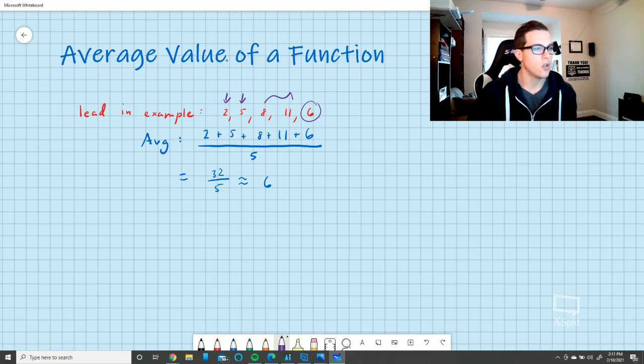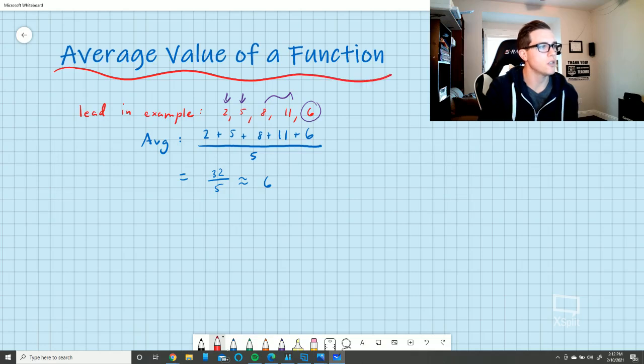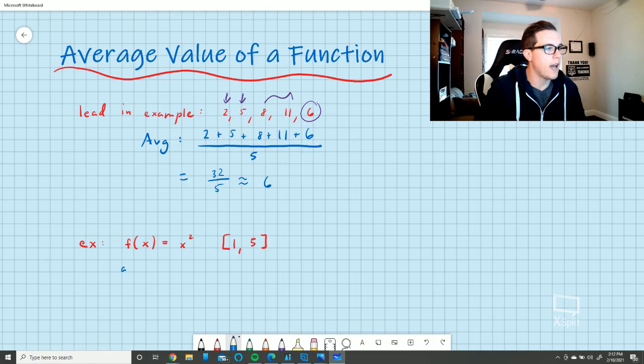All right, so using this same logic of thinking of the middle number, I can find something called the average value of a function. So if I gave you this function and this interval, I could ask you to find the average y value.